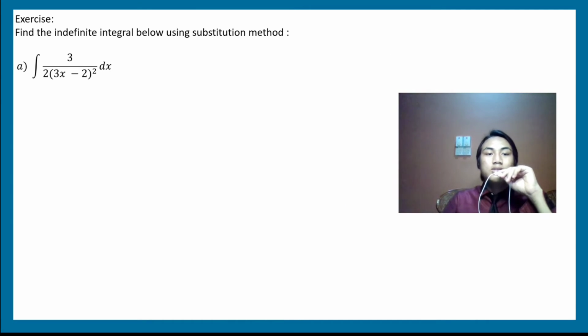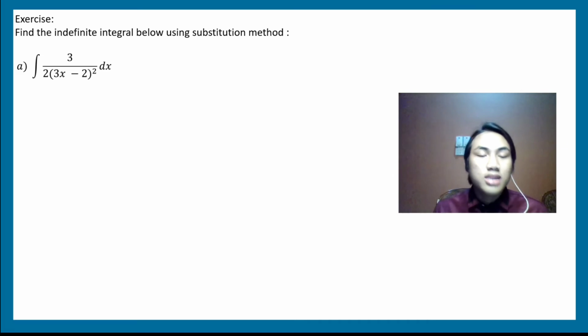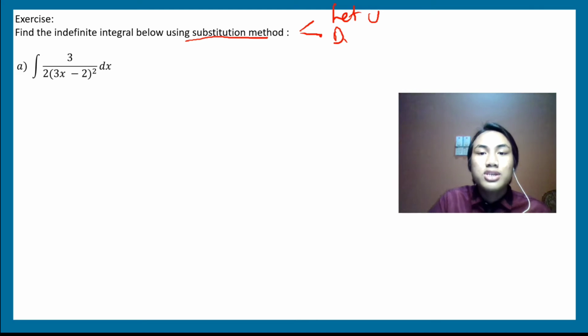Alright guys, so this is our exercise for our subtopic indefinite integral using substitution method. So remember, when the question asks you to use the substitution method, what you have to do? So first, you have to let u, and then you have to differentiate the u.